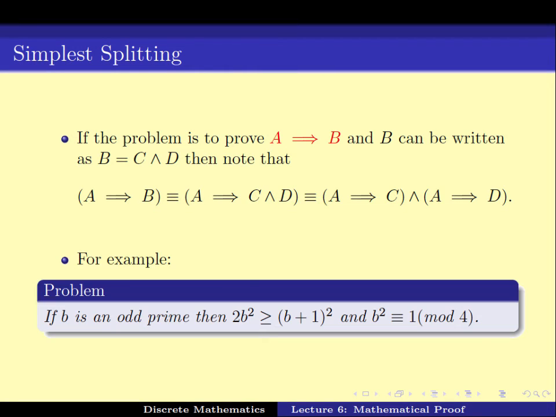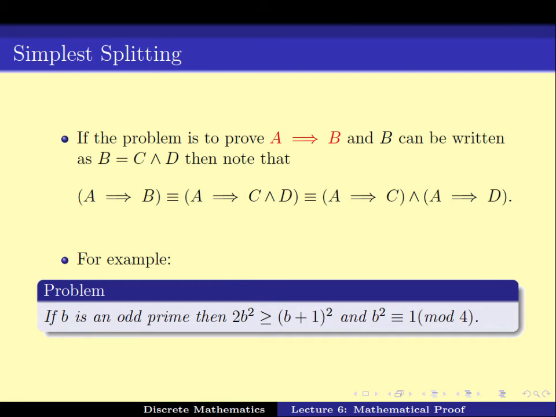For example, consider this problem. If b is an odd prime, then 2b square is bigger than or equal to b plus 1 whole square, and b square is congruent to 1 mod 4.